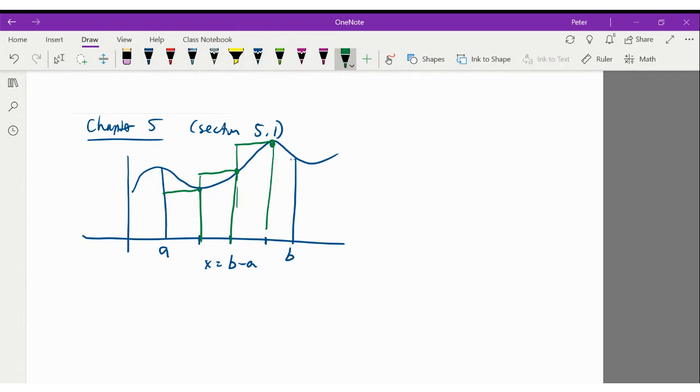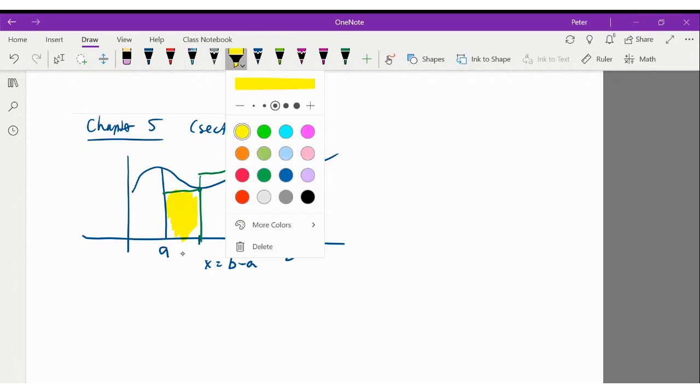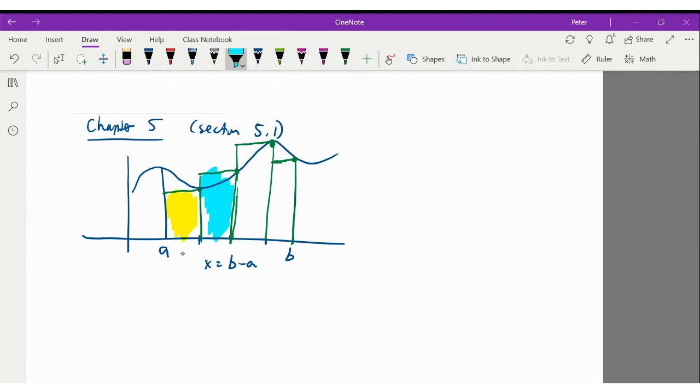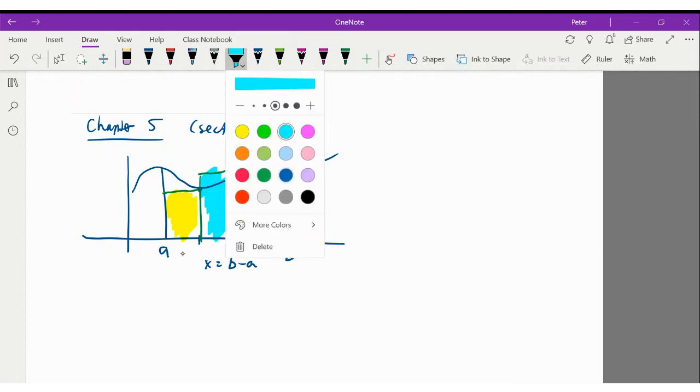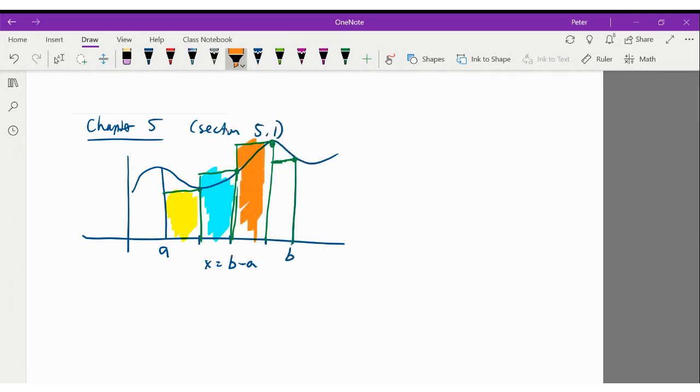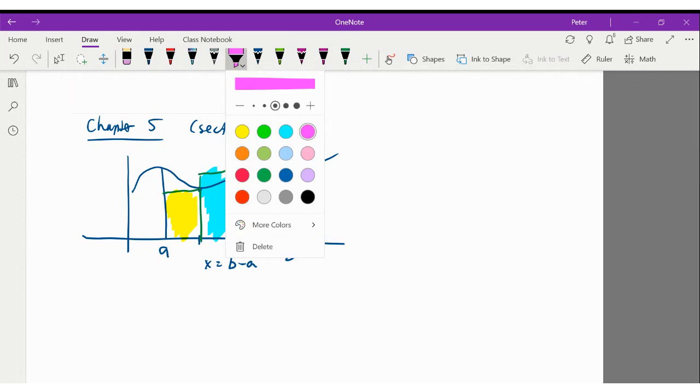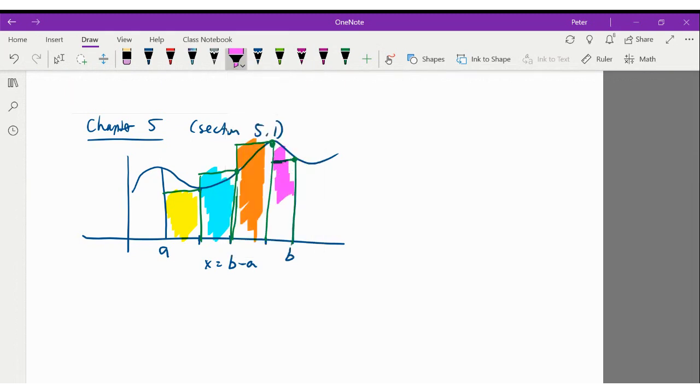I'm going to use that endpoint and evaluate the function there. So I draw a rectangle whose height is just the height of the last point in each subinterval. So there's that rectangle, and there's that one, there's that one, and there's that one. So I'm really just adding up all 4 of these rectangles.